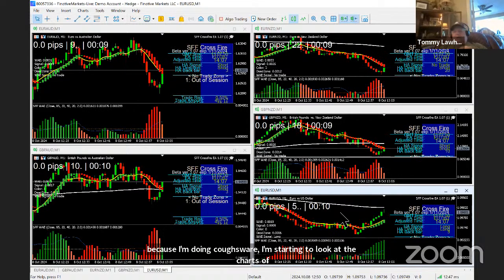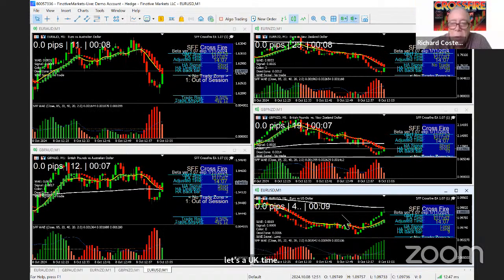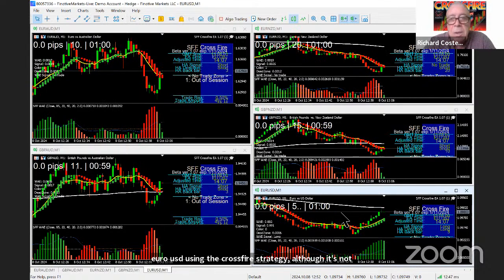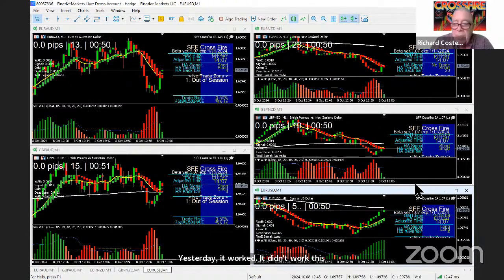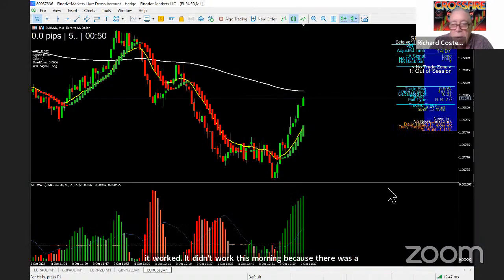I'm also looking for trades on Euro USD using the crossfire strategy, although it's not actually a crossfire pair, but it does seem to work. It worked yesterday. It didn't work this morning because there was a trade that went against it.